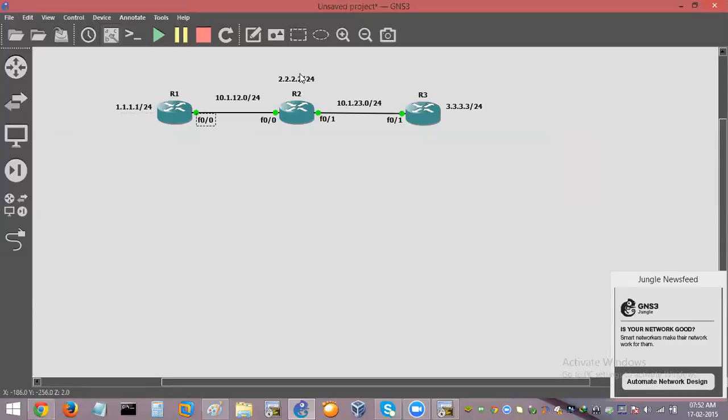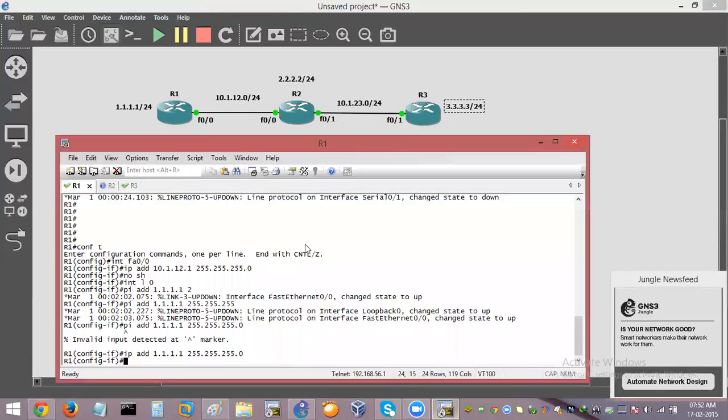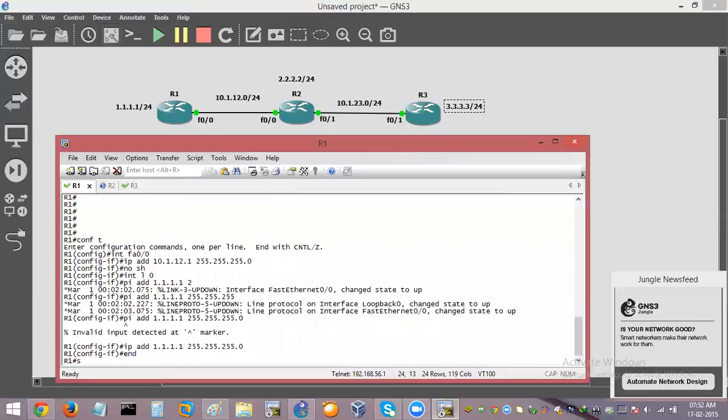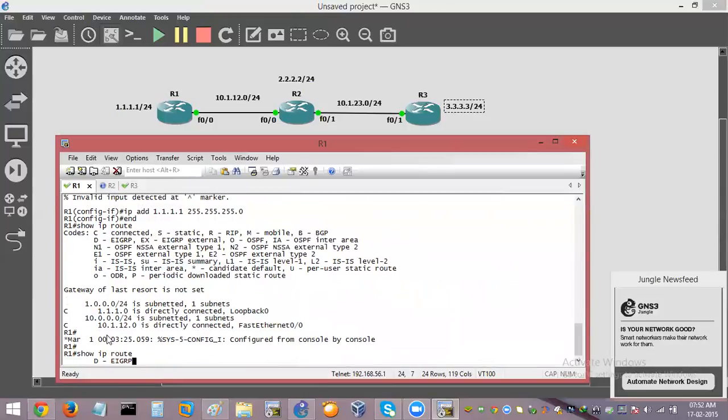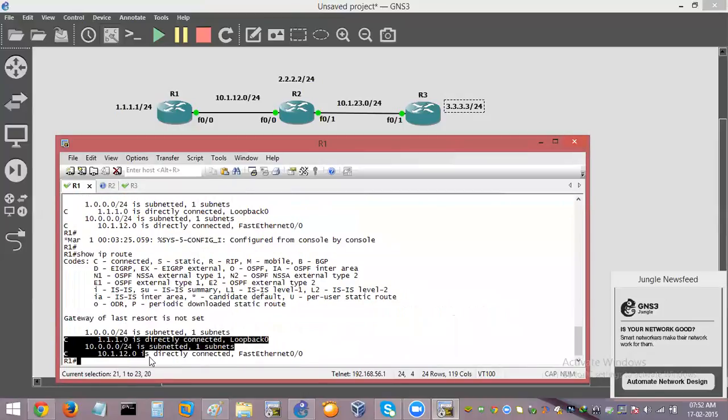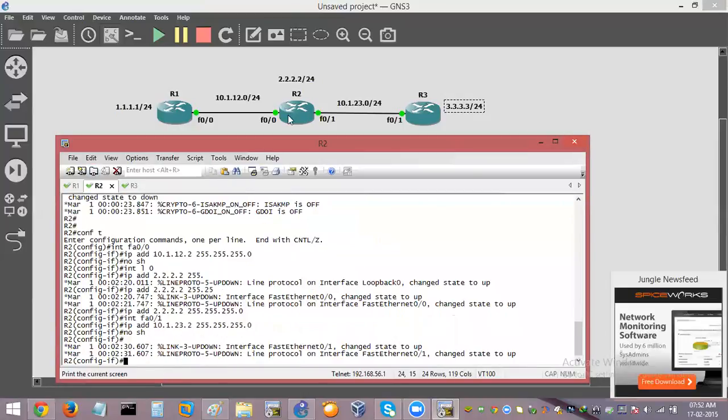R1 will have no idea where the 2.2.2 network exists, where the 10.1.23 network exists, and where the 3.3.3 network is.